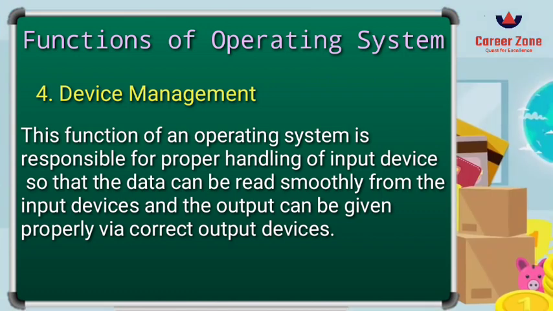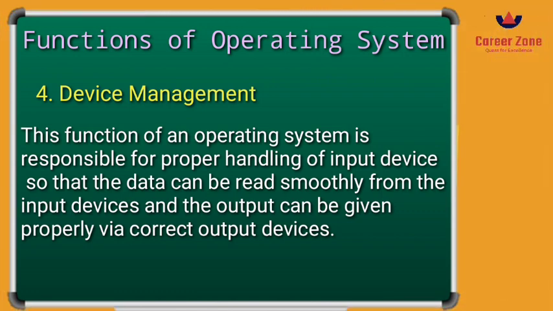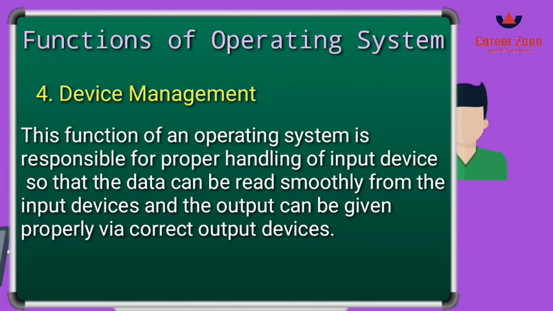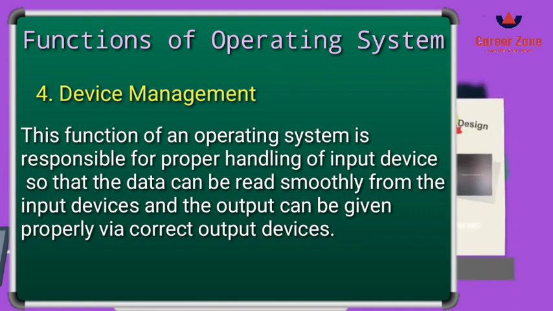The operating system takes the instruction from the input device such as keyboard and mouse, and after processing it, as processor management is also the task of the operating system, the operating system helps the processor to process the task, and then the output is provided to you with the help of the correct output device.